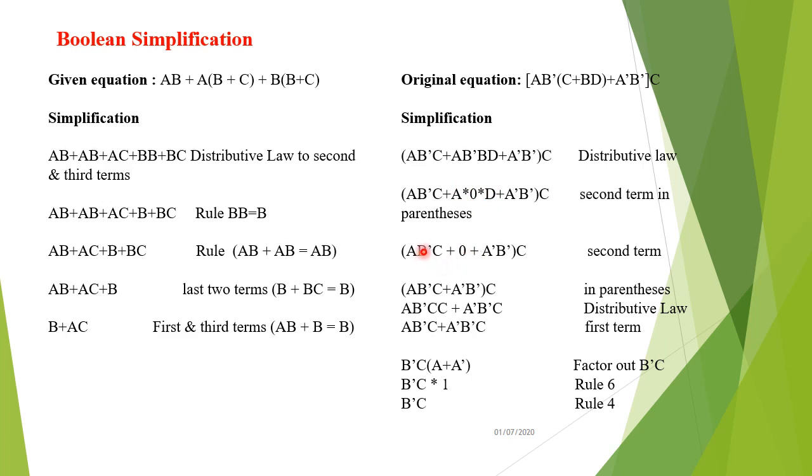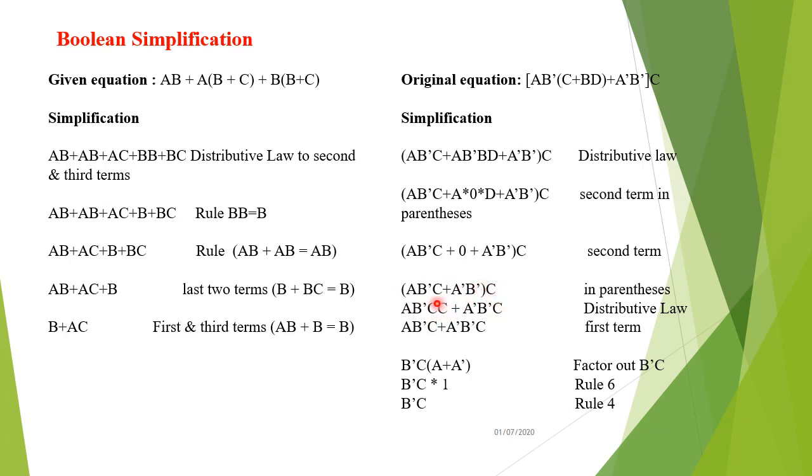Now the distribution law is applied to this parenthesis with the ANDing operation of C. So let's check. By applying the distribution law on this parenthesis, we have A B dash C C, A dash B dash C.